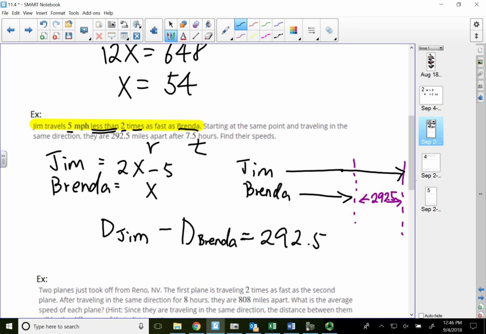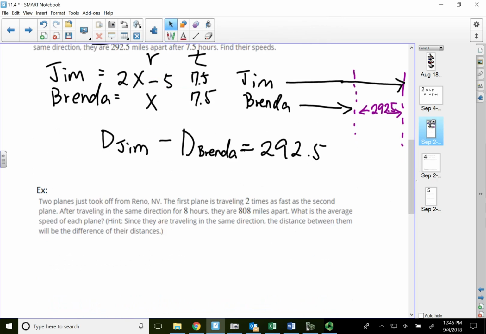Now, how do I know Jim travels faster? Well, because Jim is already twice as fast as what? Brenda. So naturally, Jim goes faster and covers more distance. So that's why I put the distance for Jim at the beginning. The time is 7.5 for both, so I'm just going to use one variable in this case.